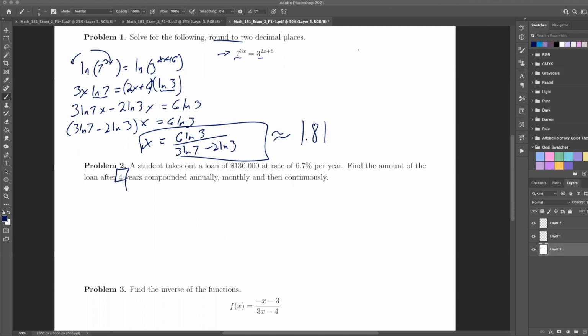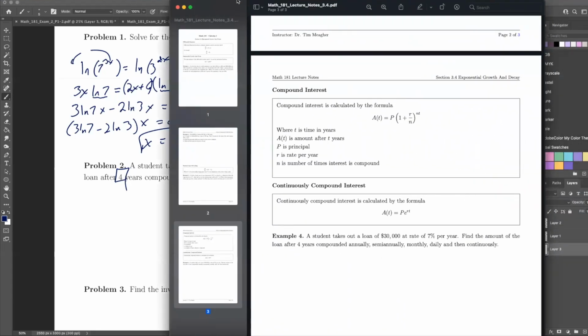Do we do it in 3.3? Do you remember what section we did this in? 3.4. Okay, there it is. Thank you. Okay, so we're done looking for it.